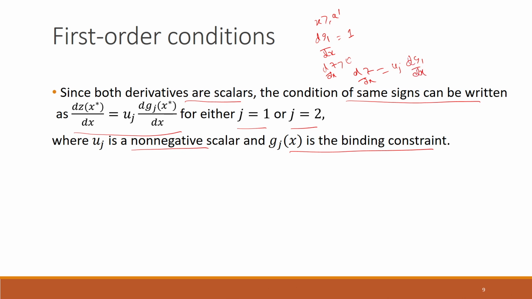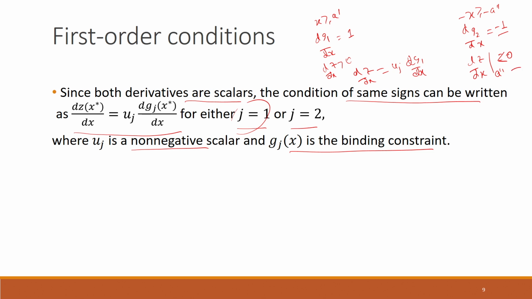So in that case this holds for j equal to 1, whereas in the other case when we had the optimal solution at minus a double dash, then the binding constraint was minus x greater than or equal to minus a double dash, okay. So there the derivative of g2 with respect to x is equal to minus 1 and the slope of the function at a double dash was negative, okay.